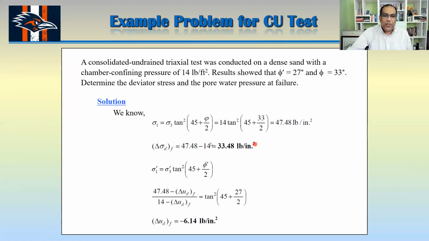So from there you get your deviator stress, which is nothing but the difference, sigma 1 minus sigma 3. That's your deviator stress.